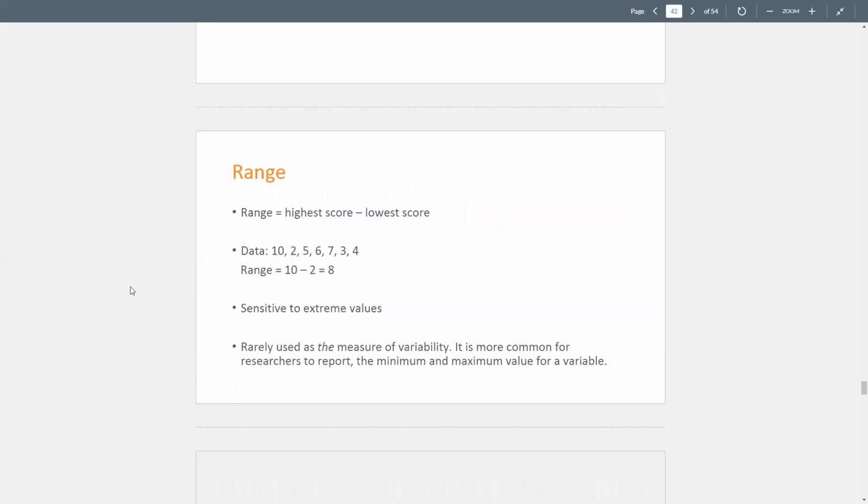The range is basically the high score minus the lowest score. Some books define it as high score minus the lowest score plus 1. They're still trying to get at the range. The range is really used as a measure of variability, and it's more common to just report what the minimum and maximum values are.